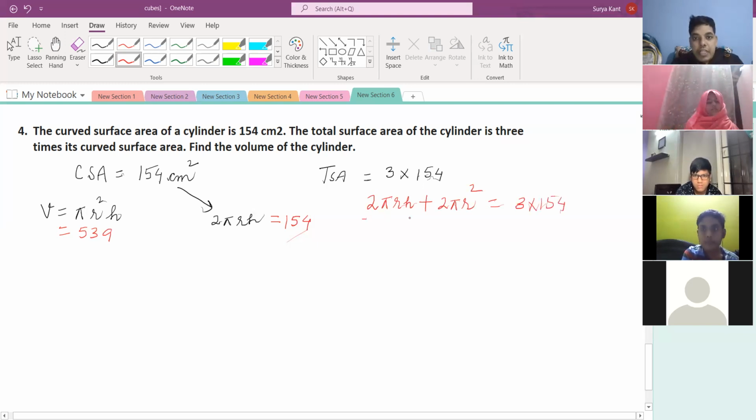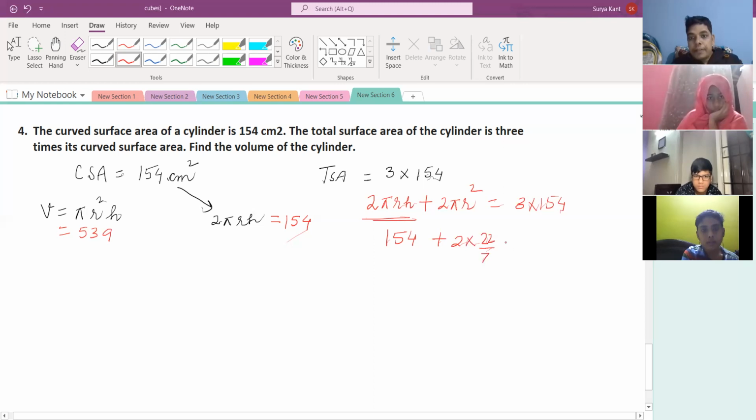So this value is already given. You can write here directly 154 plus 2 pi r square, or you can write 2 into 22 by 7, 2 pi r square, which we don't know, is equal to 3 into 154.